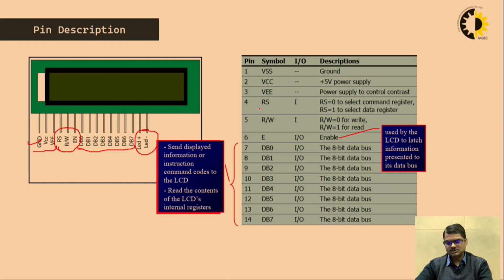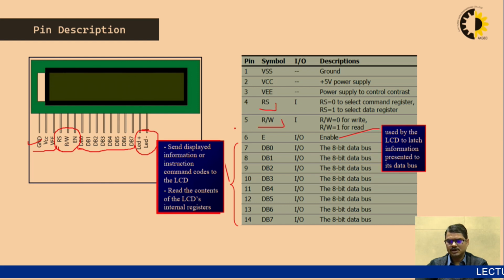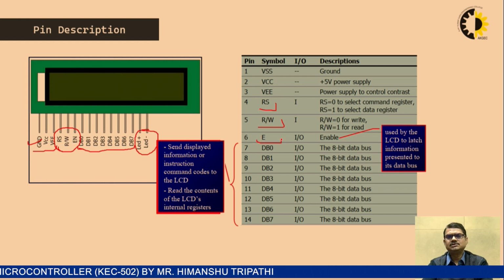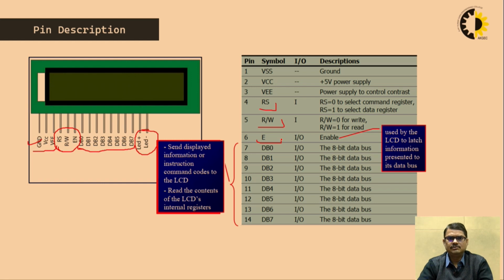So now let's talk more about RS, RW and E. E is enable. RS stands for register select, and every LCD has 2 types of register: one is the command register and the other is the data register.